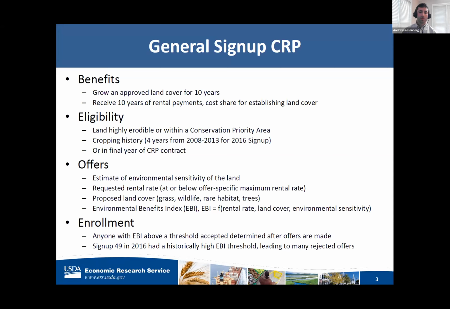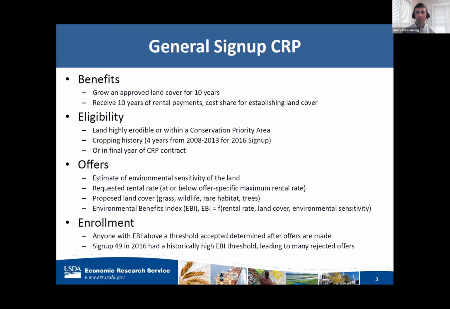This includes a rental rate, which in part is based on the county average rental rate of the parcel, and also a productivity factor, but is also based on how much the landowner offers below that maximum rental rate that is given to them. And then another part of the offer is a particular land use that they grow on the land that's being retired.